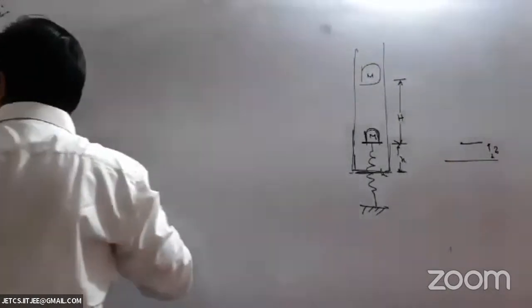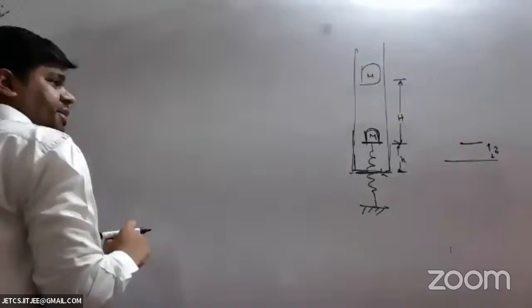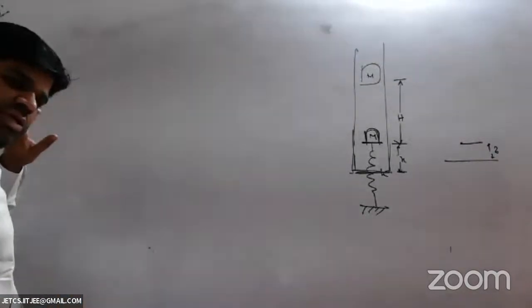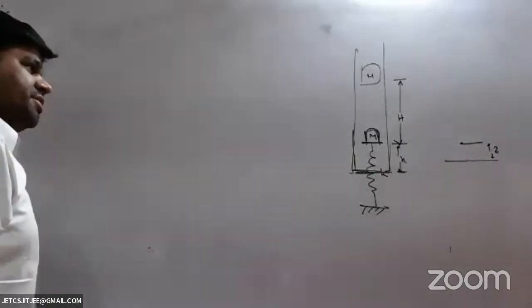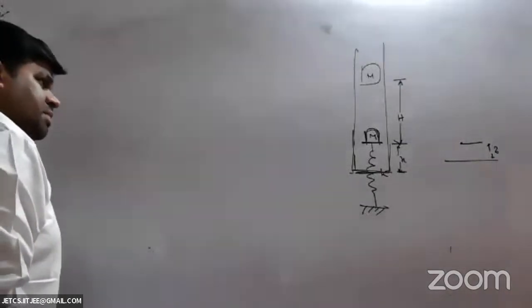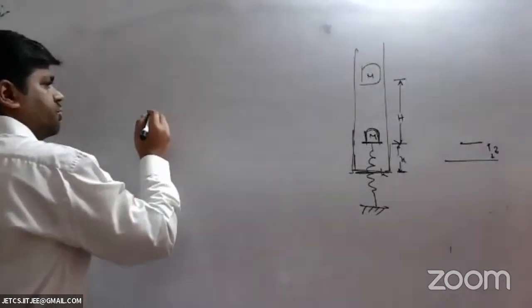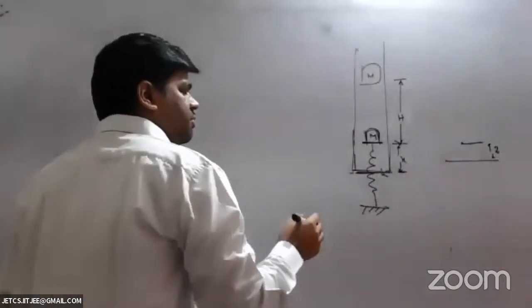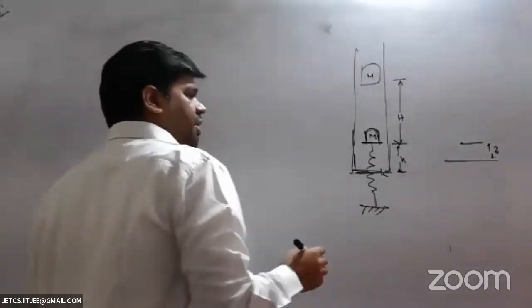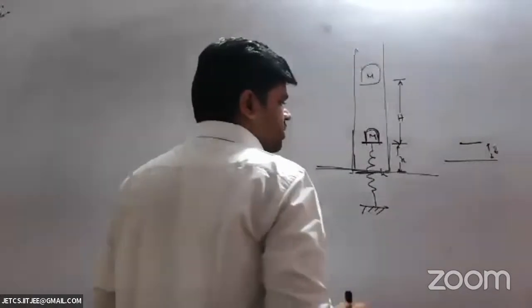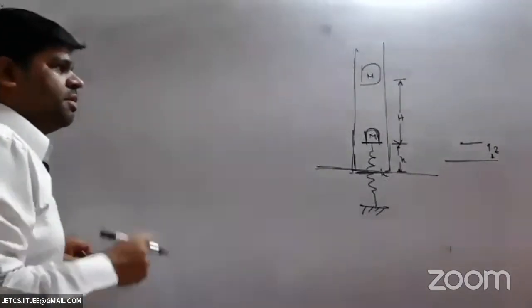How do we find the maximum compression? Either we can use forces, but I told you whenever time or acceleration is not asked, only velocity is asked, we can go for the energy method. For initial energy, I'll take the reference to be the bottommost point of the compression as zero reference level.